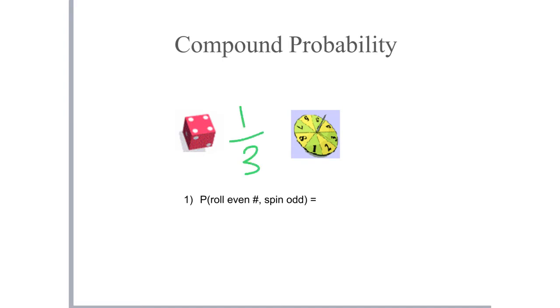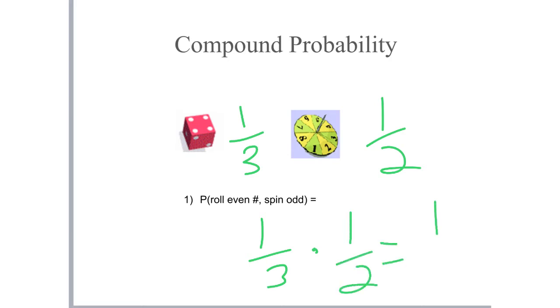And the probability of spinning an odd number is 4 out of 8, or in that case, 1/2. So to find the probability of rolling an even and spinning an odd, you would take the probability of the die, multiply it by the probability of the spinner, and you would get the probability of 1/6.